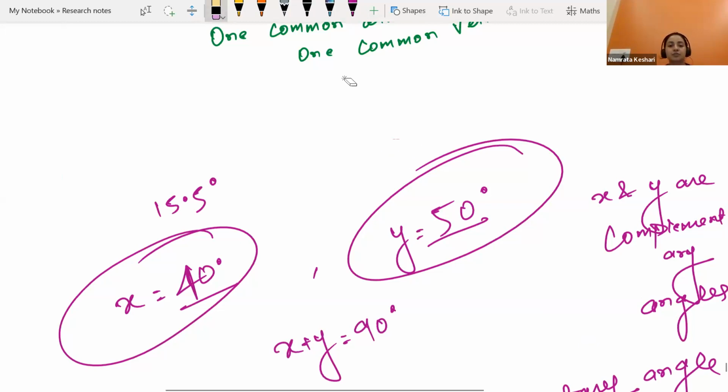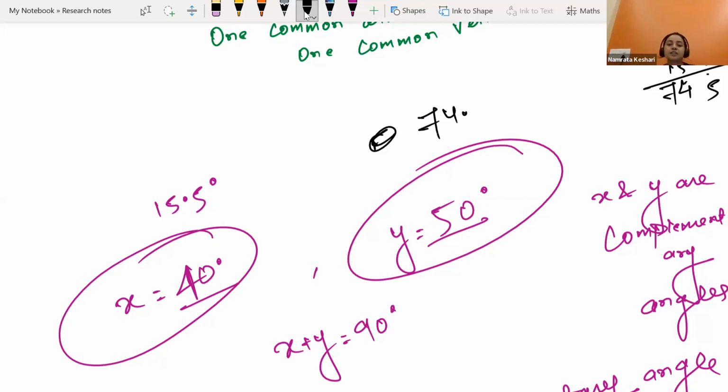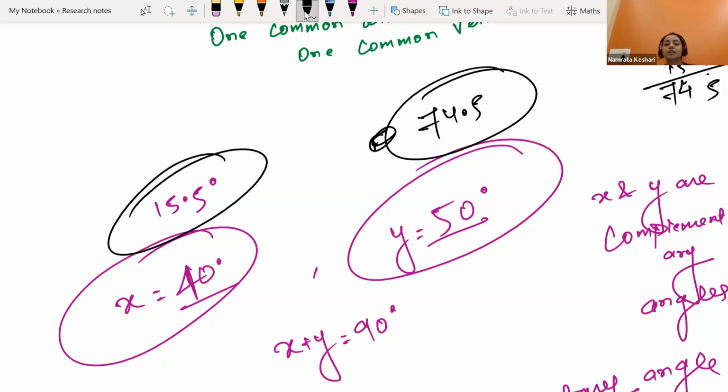From 90, I need to subtract 15.5, which gives 74.5. Forget about the calculation part, that was just for me. If you have these two angles, 15.5 and 74.5, you are still going to say that these two angles are complementary with each other. Got it?